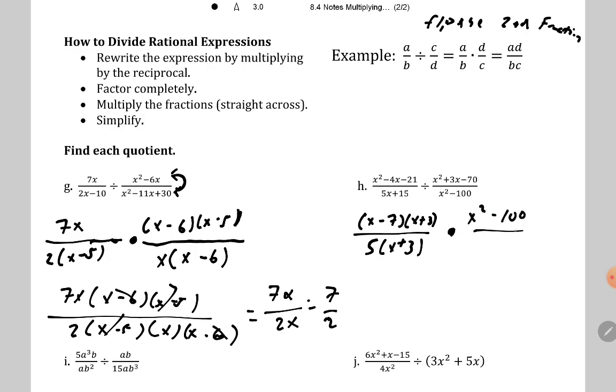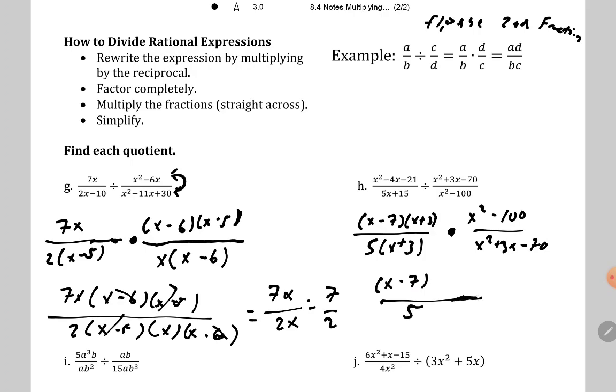So we have x squared minus 100 up top, and x squared plus 3x minus 70 down there. So factor (x minus 7)(x plus 3), (x plus 3). In fact, we can go ahead and cross those out right now. X plus 3 divided by x plus 3 goes away, and you're just left with 5 on the bottom.